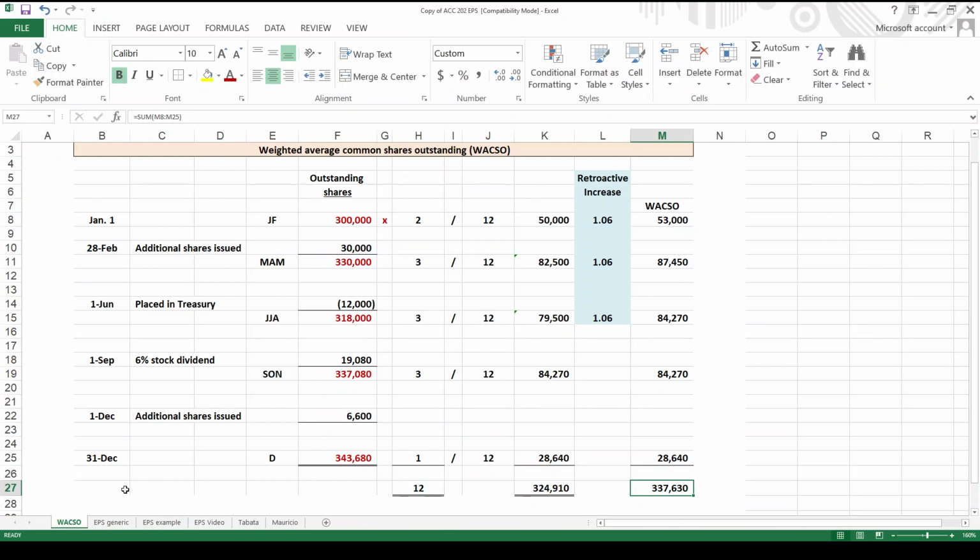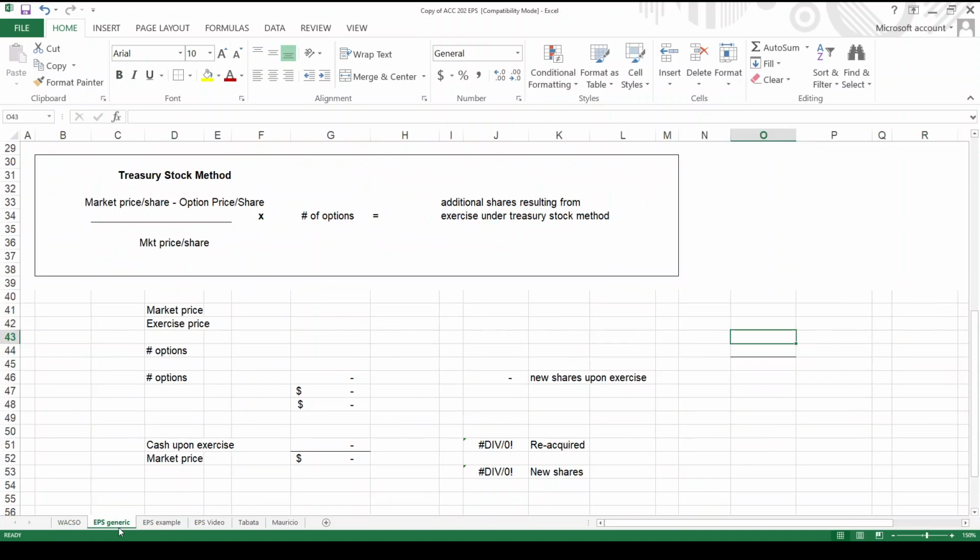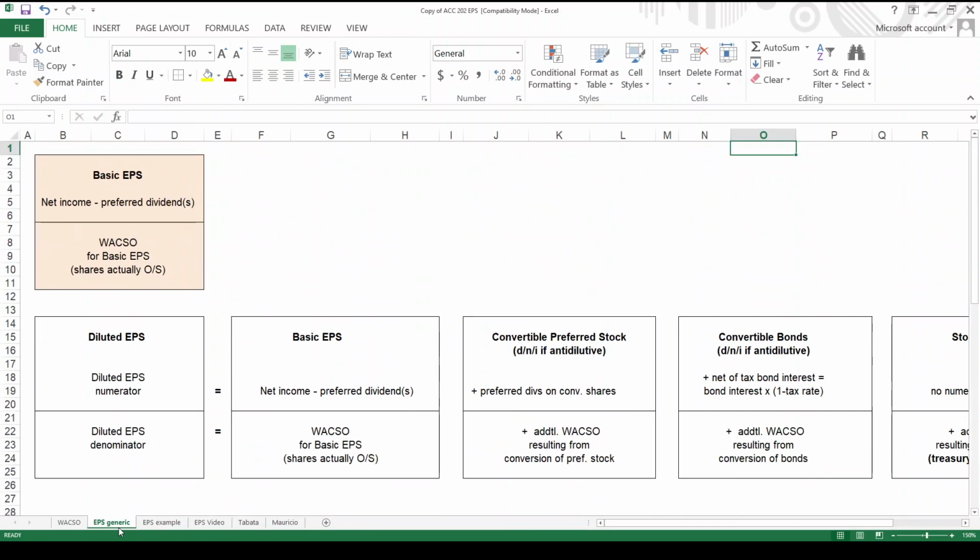So here we go. Let's look at EPS now. Here's our generic little worksheet here. All right, so what are we doing? First of all, calculate the EPS the way we learned in Accounting 2, which is what? Take your net income, subtract your preferred dividends, and divide by the weighted average common shares outstanding. That's what you're going to come to know and love as your basic EPS.